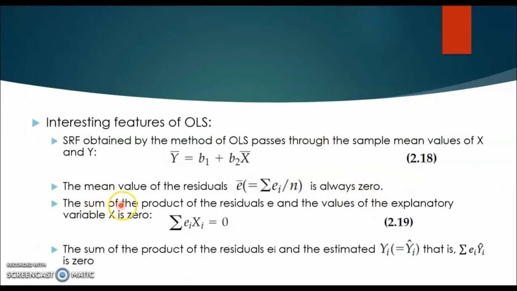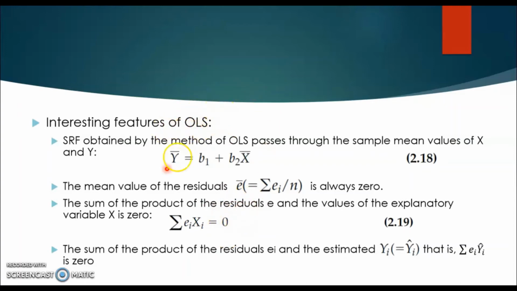And the sum of the product of the residuals and the value of the explanatory variable is also 0. So the sum of residual times the value of the independent variable is always equal to 0 as well, according to the OLS.